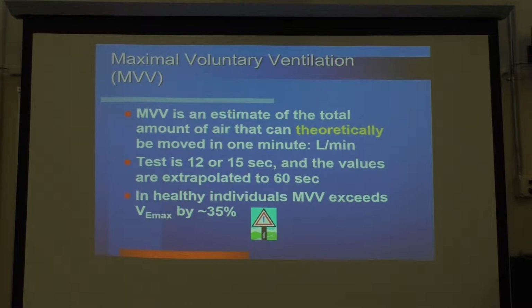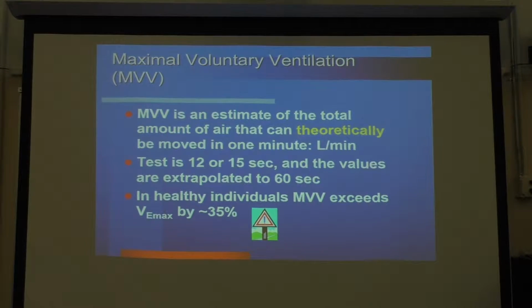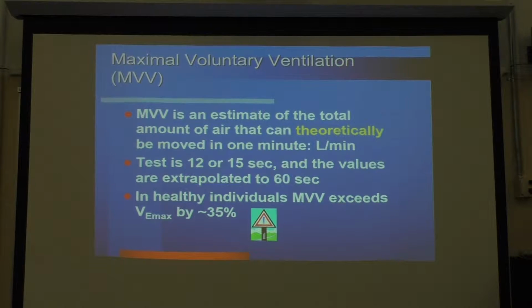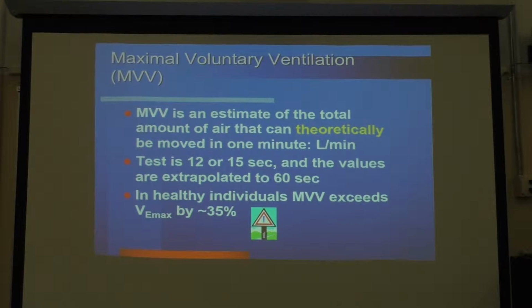If you compare that to a person's MVV, sitting down, forcibly moving air in and out of their lungs, let's say that was 205 liters per minute, well then clearly something else occurred that forced you to stop exercising, because according to that test, you had another 55 liters per minute that the lungs could pump in and out. And so that's what we say when we say MVV should exceed VE max by 35%.